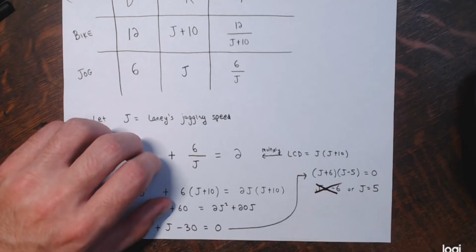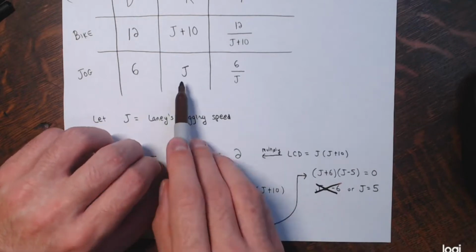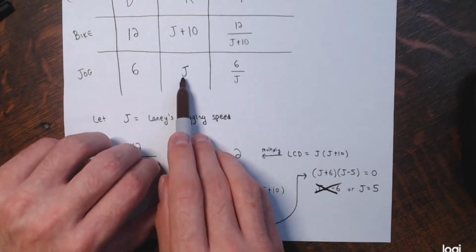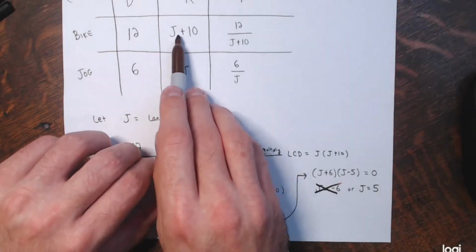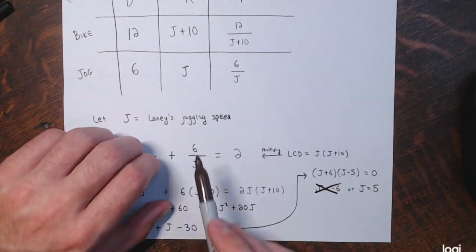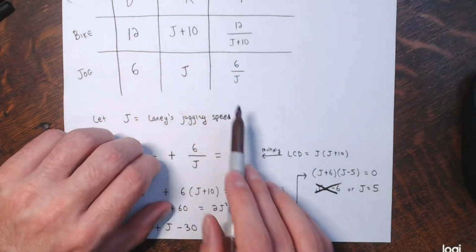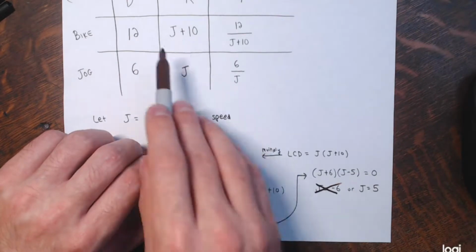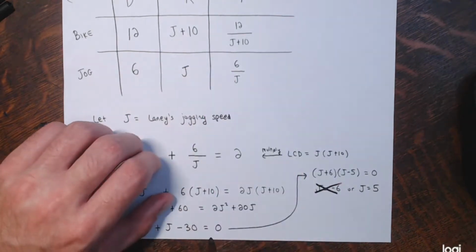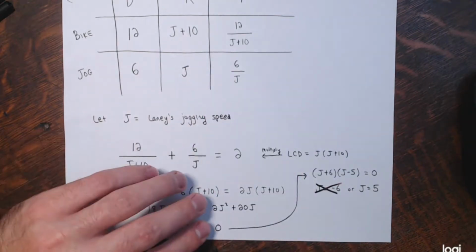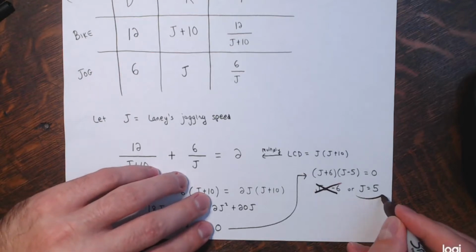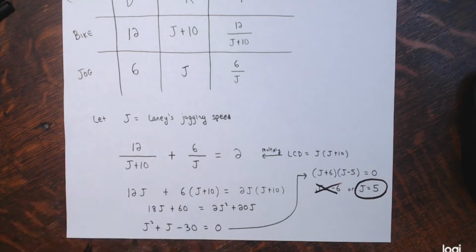So, crossing that one out. Now, J equals 5 makes sense. She jogged 5 miles per hour and would bike 15 miles per hour then. And again, just check to see when you replace J with 5 throughout the chart that distance equals rate times time. Right. So this works. That's the only one that makes sense in the context of this problem.